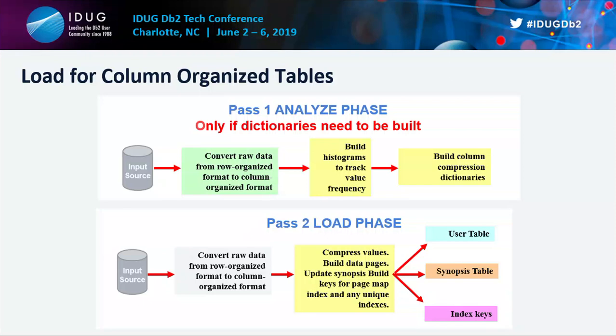Load for column organized tables. This is an interesting chart that I pulled in that wasn't in the deck that I stole. In DB2 Warehouse, we are really pushing don't use load, and use the external tables with reduced logging, because it has a lot of the same benefits while also being online at the same time.